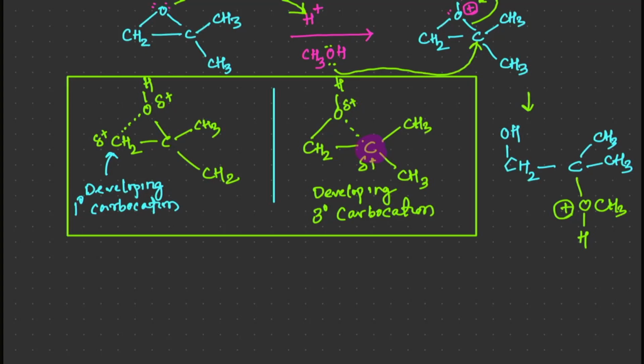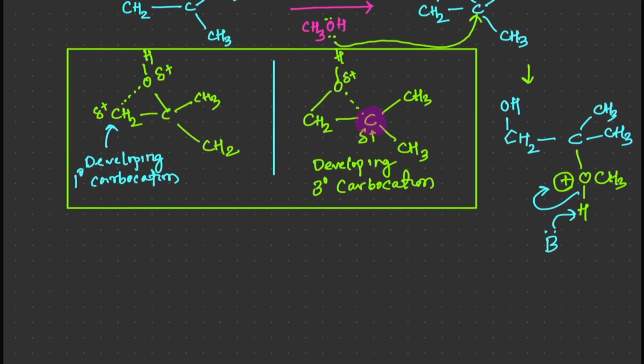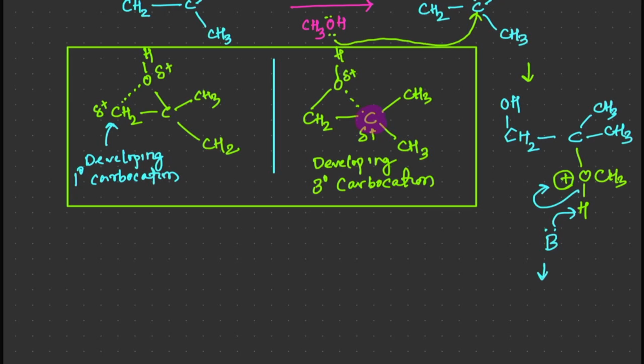And the next thing is you just neutralize the positive charge on oxygen by adding some base or anything that could abstract a proton. So we just put B there. B stands for anything that can abstract a proton. And then we have our product, CH2, OH, C. Okay, I should have drawn this in a better way.